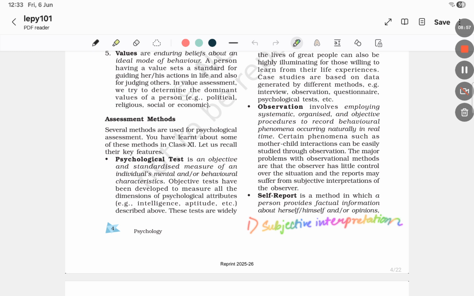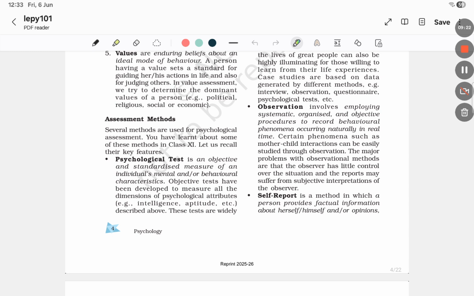Let's say a child might be behaving a certain way, right? So one researcher might think that there is one reason why the child is behaving that way. The other researcher might think of some other reason why that child is behaving that way. So the situation is open to subjective interpretation. The interpretation of one researcher might not be the same as the interpretation of another researcher.